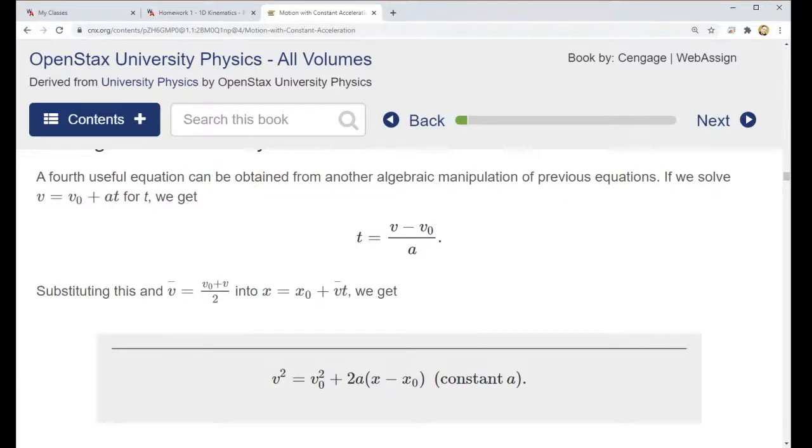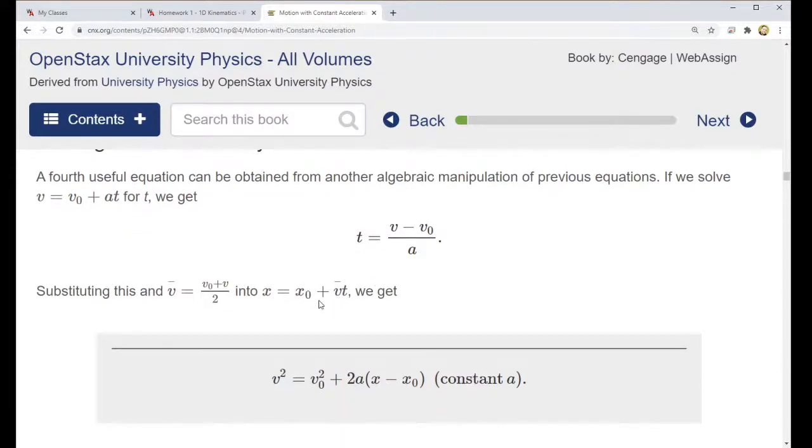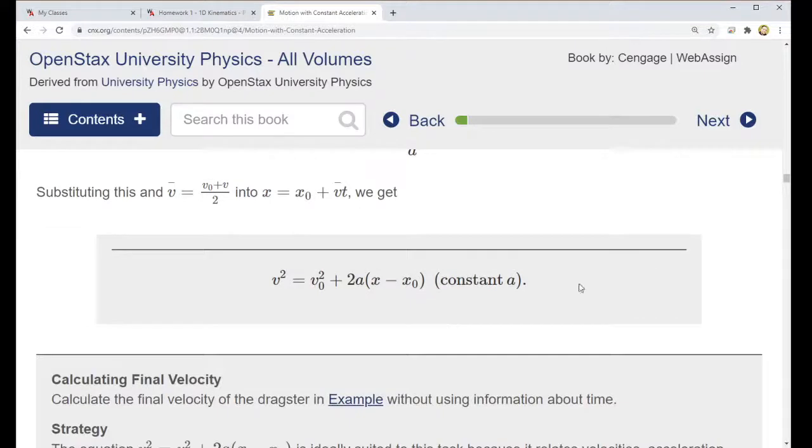All right, well, what if you don't know time? Let's use these same formulas and rearrange things. We'll solve the acceleration definition for time, and then plug that into the definition of velocity right here, and substitute away the average velocity using this other expression for average velocity and rearrange, and you get this expression: v squared equals v naught squared plus 2a times the quantity x minus x naught.